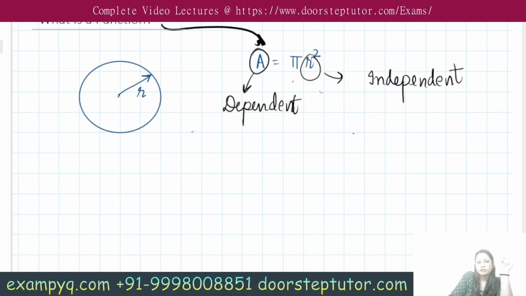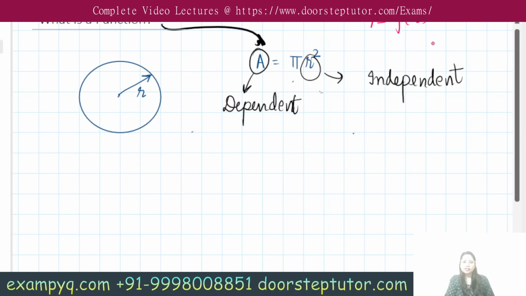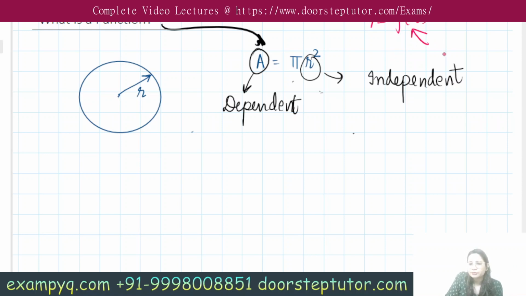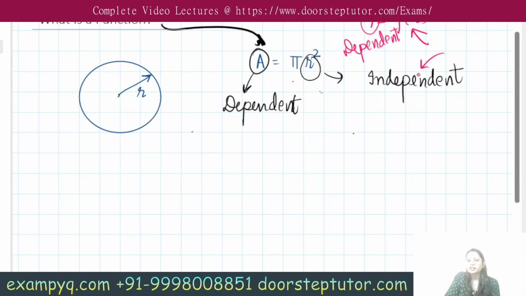So a function, if I write it down, is written in this particular kind of format that you will find in your textbooks. So it relates two variables or two quantities in real life. One variable is your independent variable, while the other variable will be the dependent one. Okay, and in further classes we'll see that you can have more than one independent variable also, but right now let's stick to the case when you have only one independent variable.